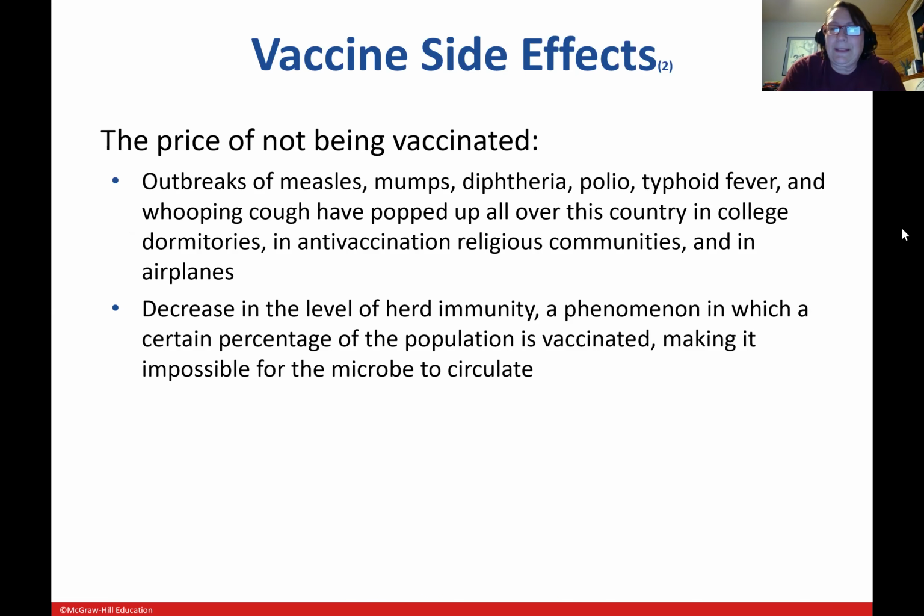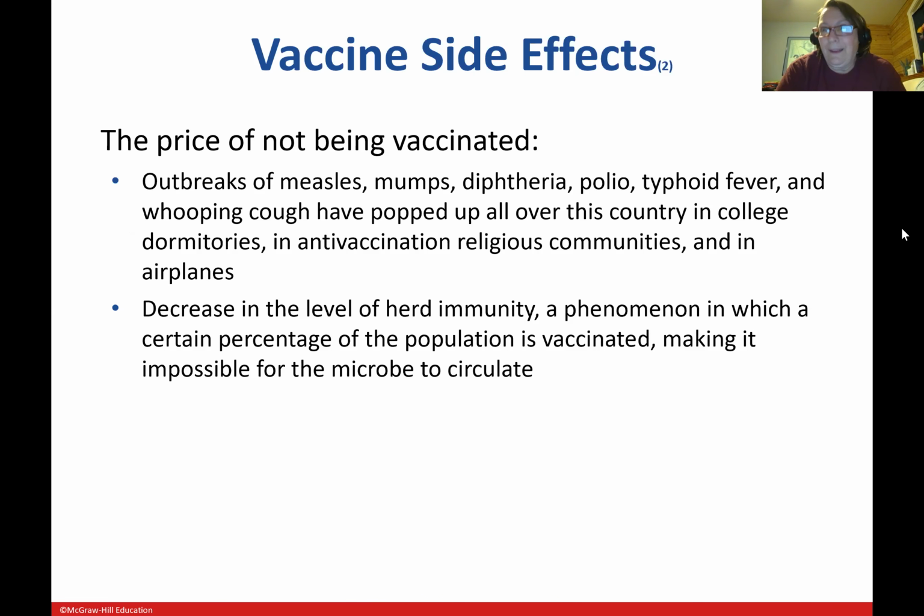If you don't get that level of herd immunity, which is usually somewhere between 85 and 90%, then you're going to start getting outbreaks. Measles, mumps, diphtheria, polio, typhoid fever, and whooping cough have popped up in various places, often in places where people live very closely together. College dormitories are a really big place for these kinds of outbreaks to happen.